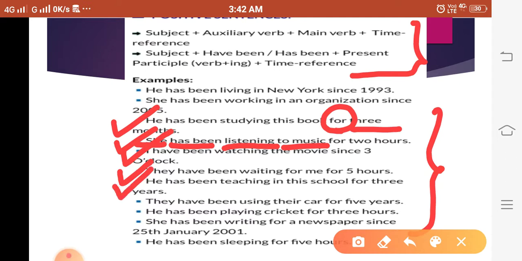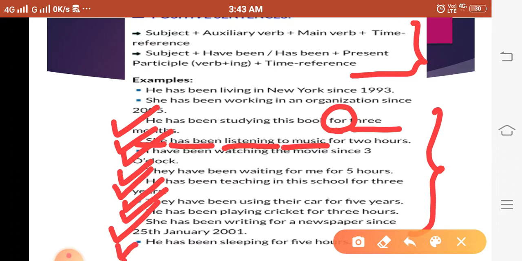Next, they have been using their car for 5 years. He has been playing cricket for 3 hours. She has been writing for a newspaper since 25th January 2001. He has been sleeping for 5 hours.